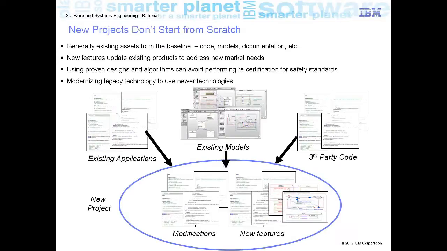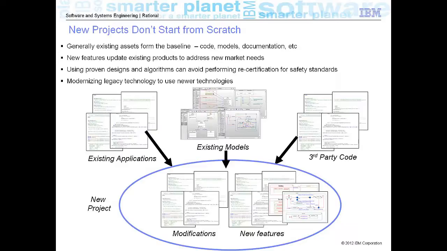So to begin, whenever you start a new project, you're very rarely starting completely fresh. You always have some assets around, and these can be in a lot of different formats and a lot of different tools. You might have code, and then you might have models in all kinds of different tools, for example Rhodes models, System Architect models, or models from other competitor tools.